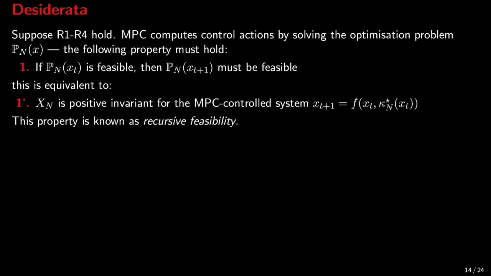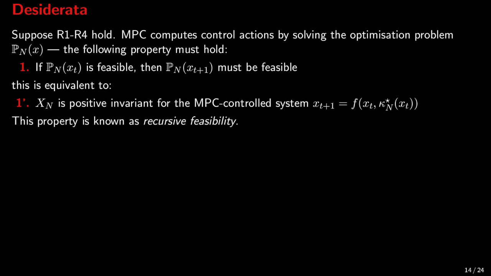If you don't remember the definition of X_N, the set of feasible states, you can find the definition in handout 6, pages 3 and 4, bottom of page 3 and page 4. Now this property, that is the minimum requirement we must have, is known as recursive feasibility. So once feasible, always feasible.